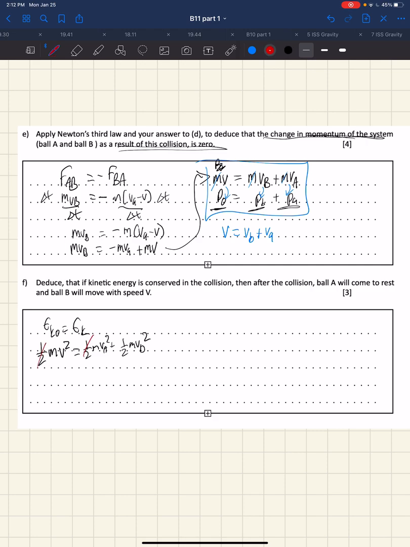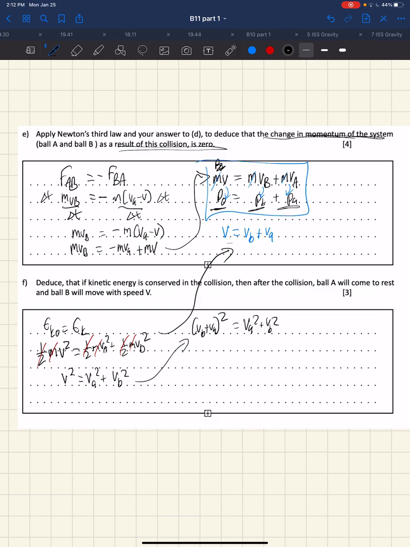Since there's 1/2 in every term, those drop out, the m's drop out, and we are left with v squared equals v_A squared plus v_B squared. And from the previous question, we know v equals v_B plus v_A. So we have (v_B plus v_A) squared equals v_A squared plus v_B squared.